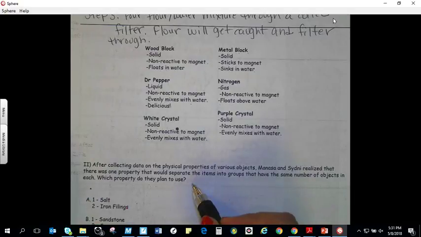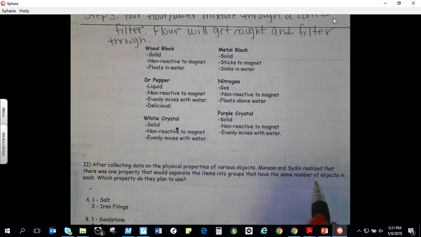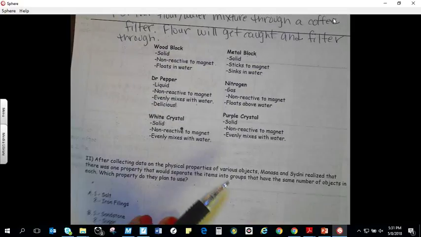This one actually, because I'm looking over here after collecting the data on the physical properties. So which one do they plan to use? Okay, so I can understand where this kind of got mixed up.